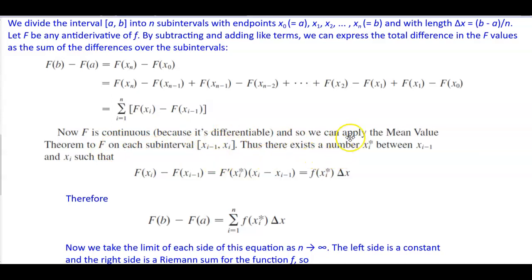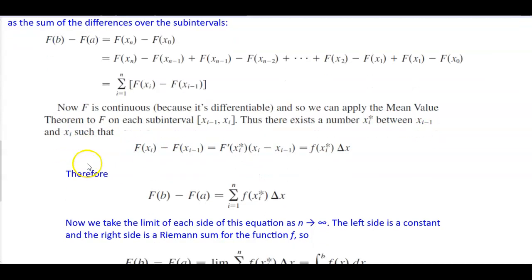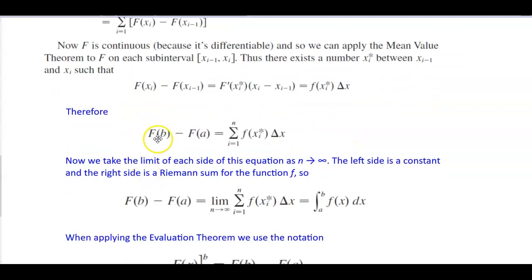Thus, there exists a number, the ith sample point x_i star, between x_(i-1) and x_i, such that F of x_i minus F of x_(i-1) is equal to the derivative F prime of x_i star times x_i minus x_(i-1), which is equal to the height times the width. Therefore, we can say that F of b minus F of a is going to equal the sum from i equals 1 to n of the height times the width.